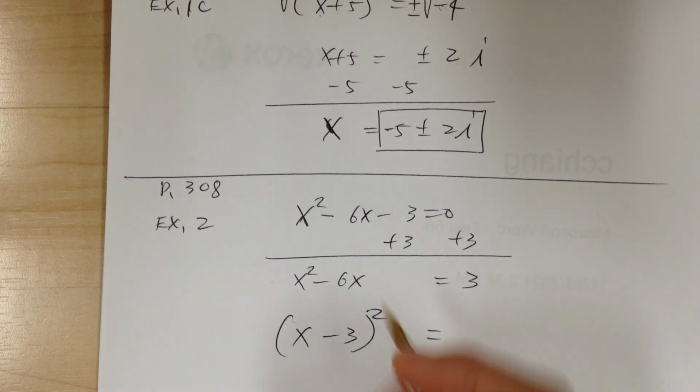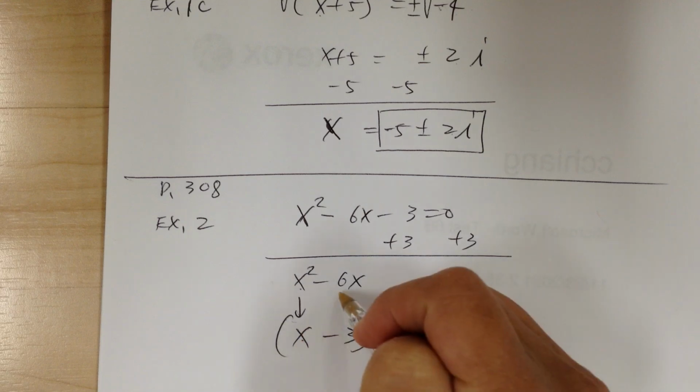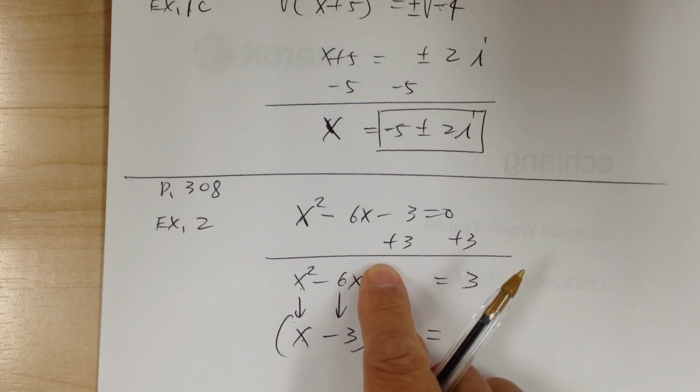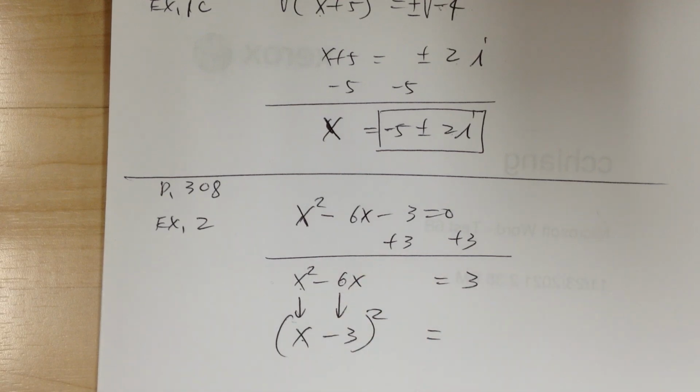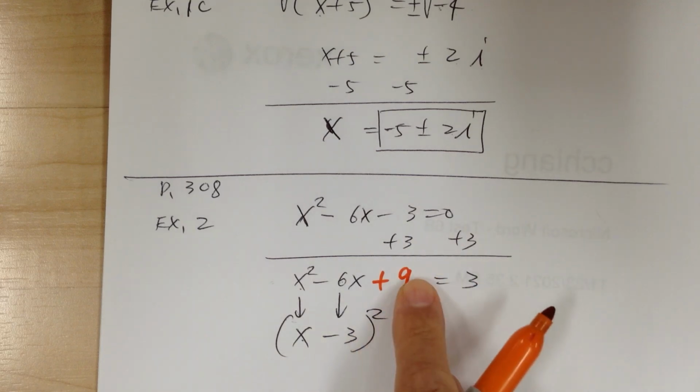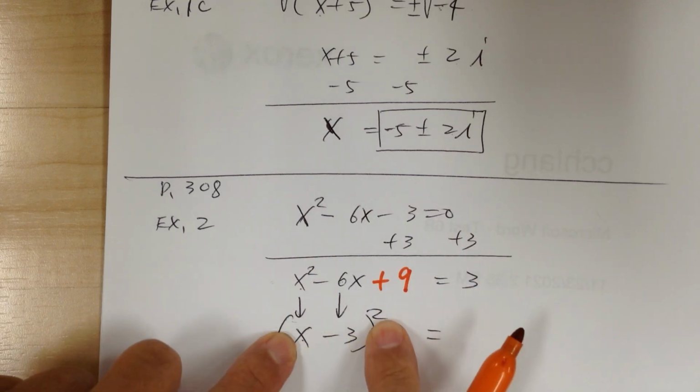So from this, you can get this number, because this is always half of that. But now, this is not equal to this, because from here to here, you're missing the plus 9. You need the plus 9, because negative 3 squared will give you 9. You square this, you get that.